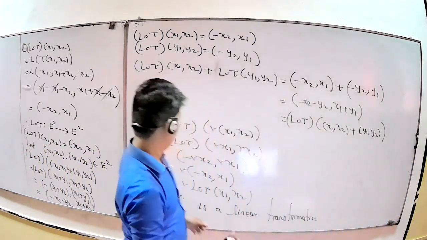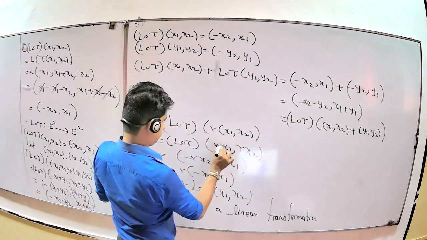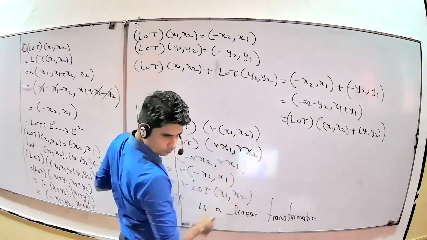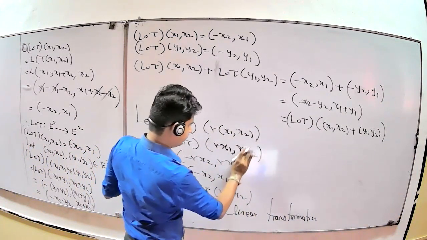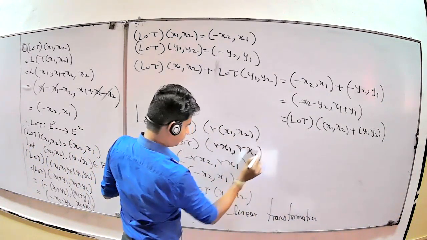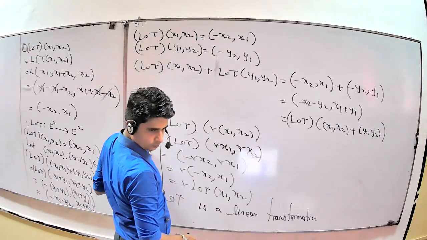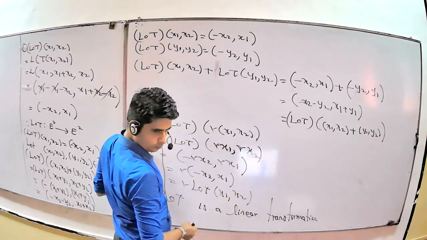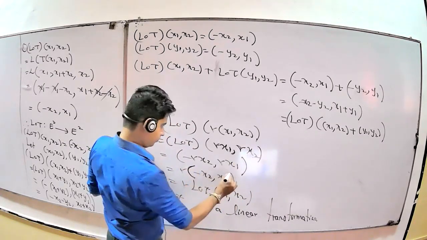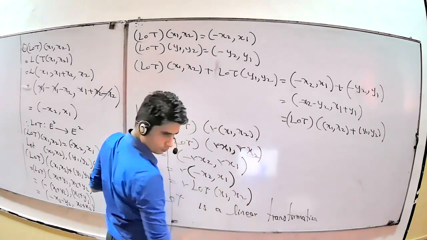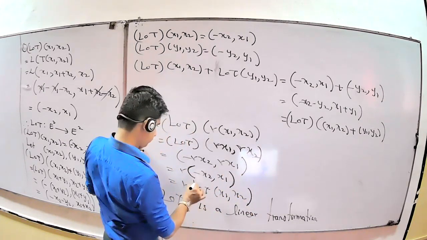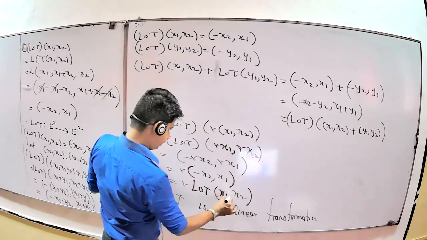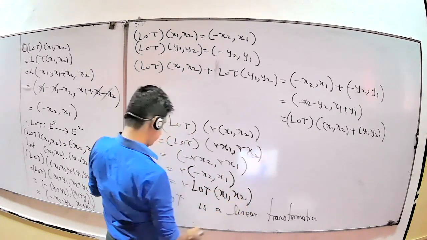Here R x2. R x2. R x1. L composition T x1 x2.